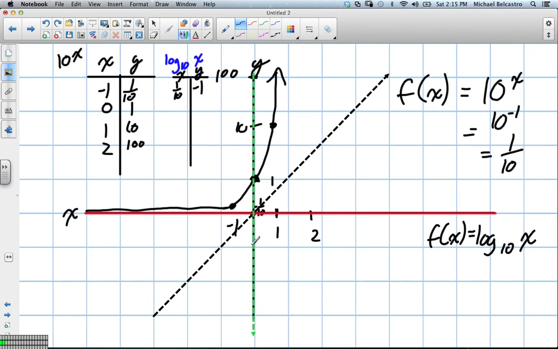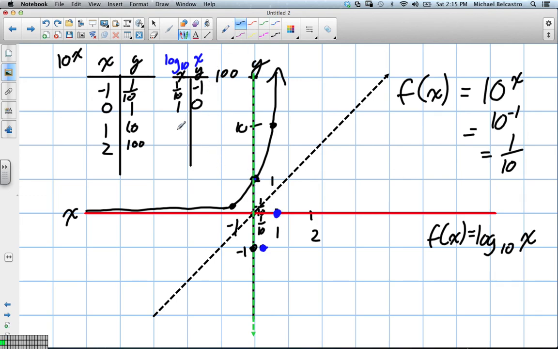So when y is negative 1, we'll say that's roughly here. That's when our x value is a tenth. So that means at this point here, we'll say that's a tenth. And we'll change the color of this guy. We'll put him in blue. So there's one of our coordinates. What's another one of our coordinates going to be? 1, 0. Yeah, so it's going to be 1 and 0. At 1 and 0, we're talking about here, and that's where this point is inverted from that one.